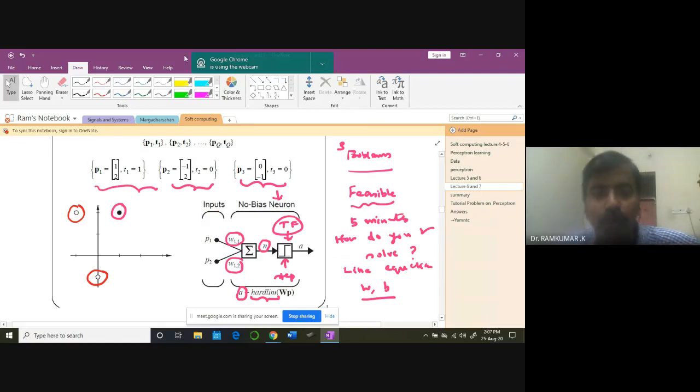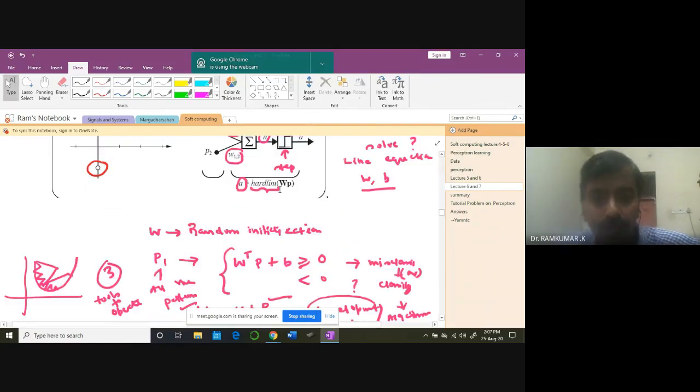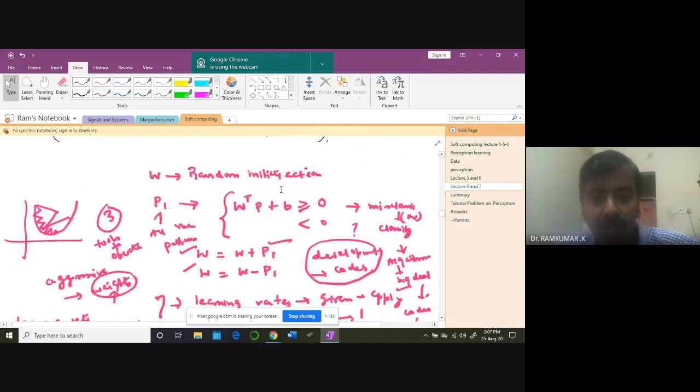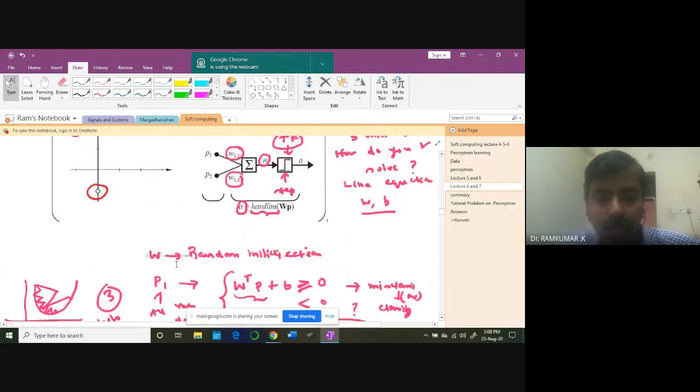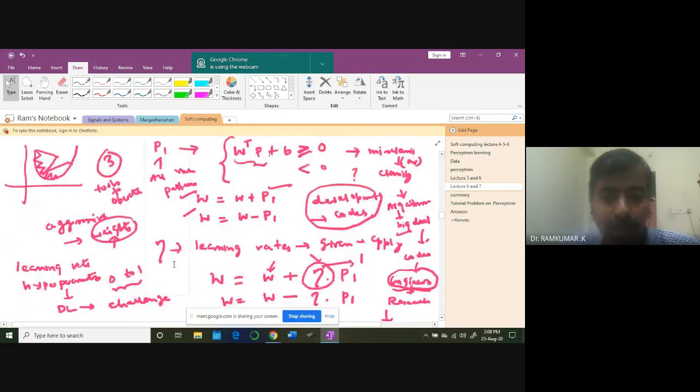So how did we work it out? We initialized random weights and started checking this condition. Every time W transpose P plus B is greater than or equal to 0, we land on the positive side of the line. Otherwise, the negative side. The updation rule is W equals W plus P for the first pattern, and W minus P for the other. This is what we learned.